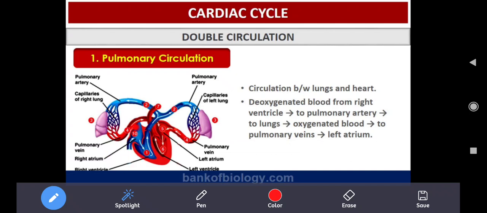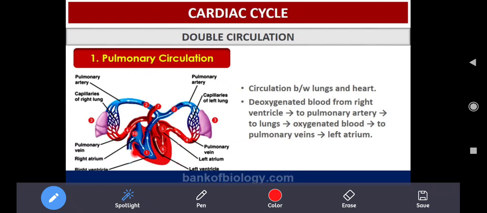Another cycle. Look at this. Let us consider it as a tissue. From the tissue, the deoxygenated blood is carried by the veins. Superior vena cava and inferior vena cava, these are veins. The veins carry the deoxygenated blood from the tissues into the right atrium.